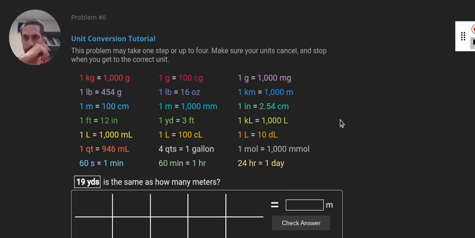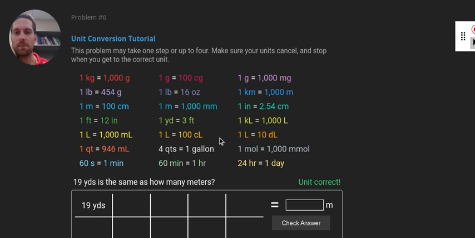All right. So 19 yards is the same as 3 feet. Or 19 yards can be converted by multiplying by 3 over 1, because feet per yard. Then we're going to want to convert that from feet to inches.